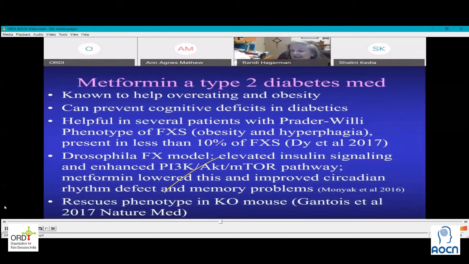Metformin was also helpful in animal models for Fragile X, including the Drosophila Fragile X model, and even in the knockout mouse model, it rescued many features of Fragile X, including cognitive features. We found it was very helpful in a study of initially 7 patients with Fragile X syndrome that was published by Dy-Hollis in 2017.